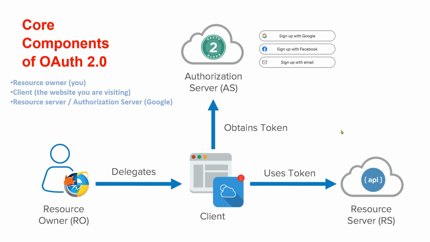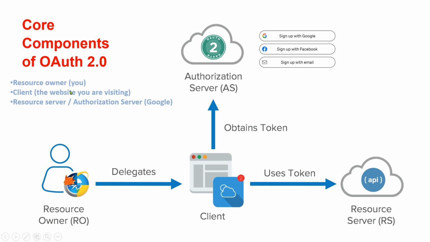The first is resource owner. Here you can see the resource owner is you. Consider yourself as the resource owner, then the client is the website you are visiting, and the resource server or authorization server are third parties like Google, GitHub, or Facebook. Okay, so pay attention.